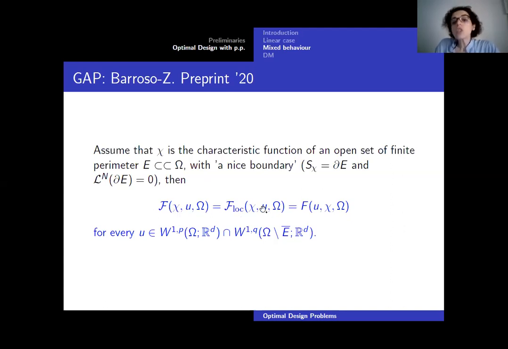So essentially, E is not just any set of finite perimeter, but has nicer properties.